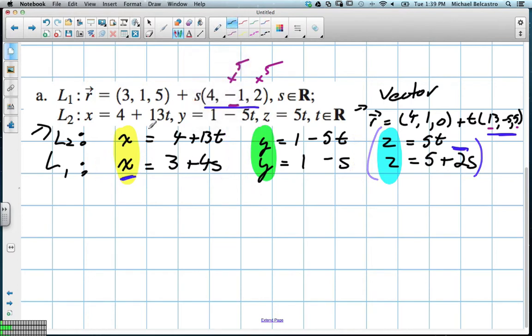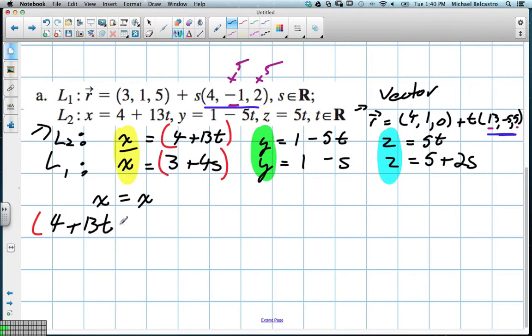Okay? So we could set them equal to each other, since x is equal to this value here, and x is also equal to this value here for a point of intersection. So of the idea that x is equal to x, which should be true if they intersect, then we have 4 plus 13t is equal to 3 plus 4s.